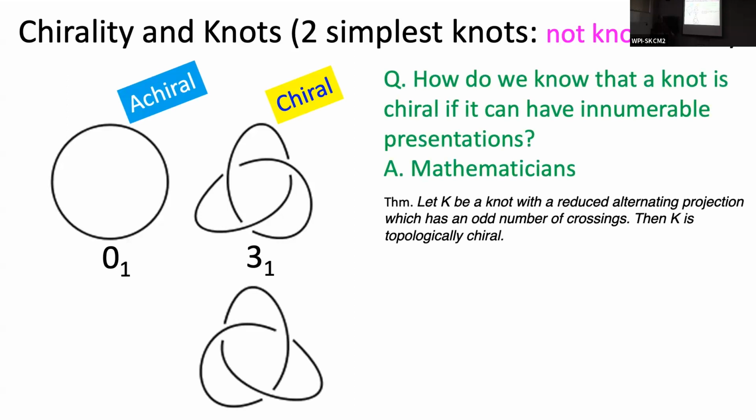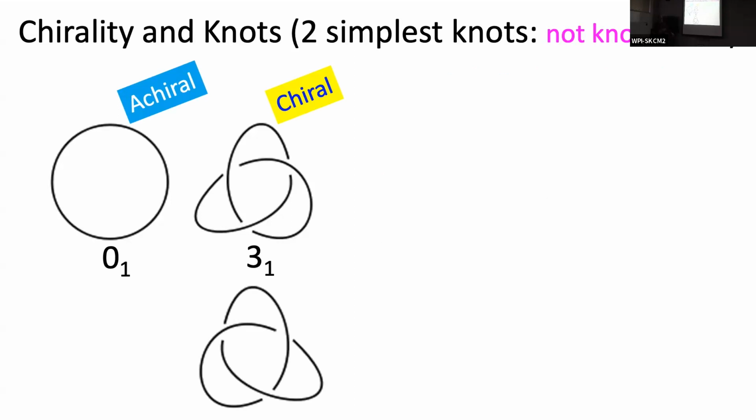But how do we know that a knot is chiral if it can have innumerable presentations? I can say it's so, but it's not that interesting when someone tells you something that's so. You want to know the why of it.